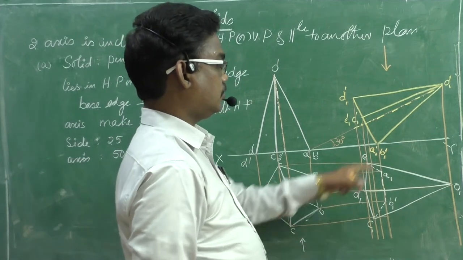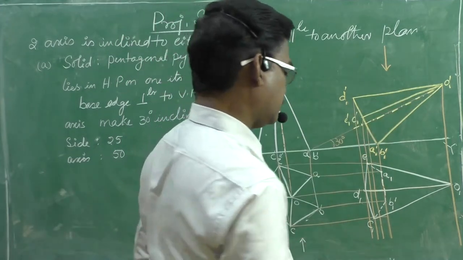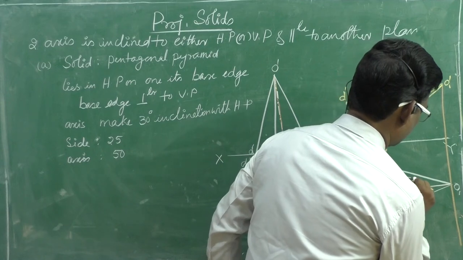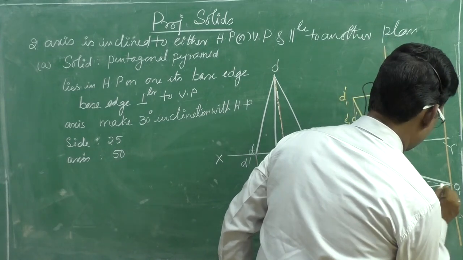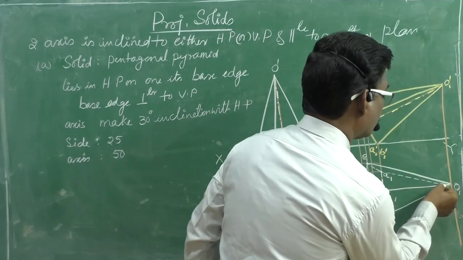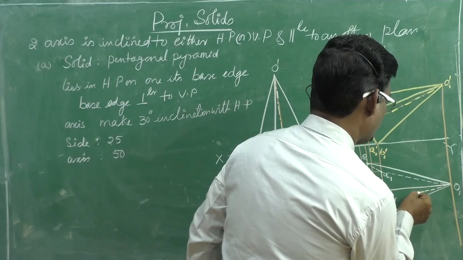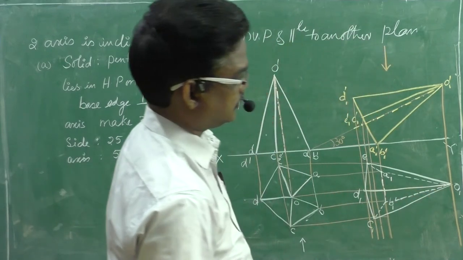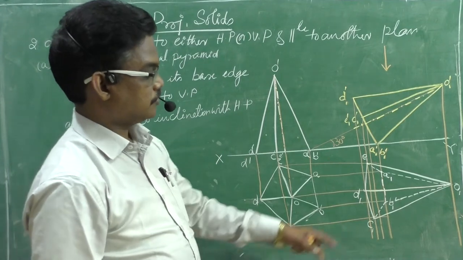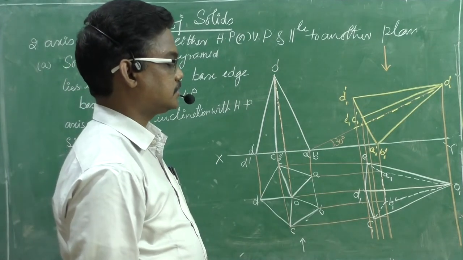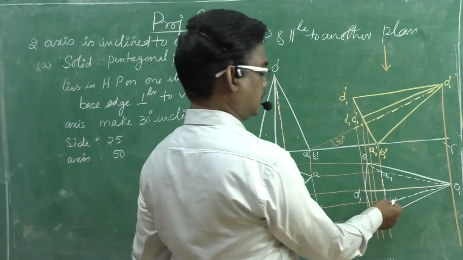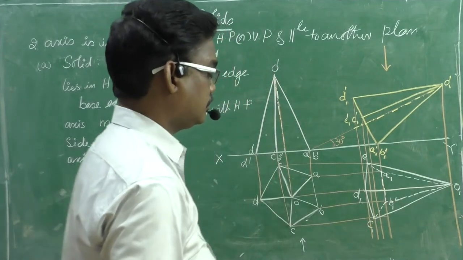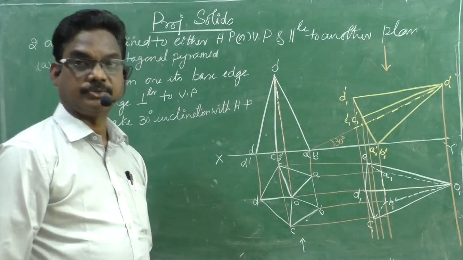Next, what about OA1? Invisible, right? Therefore dotted line, and OB1 dash, that is invisible. See here, we identified the visible edges and invisible edges exactly, and we give the respective dashed line and continuous line.